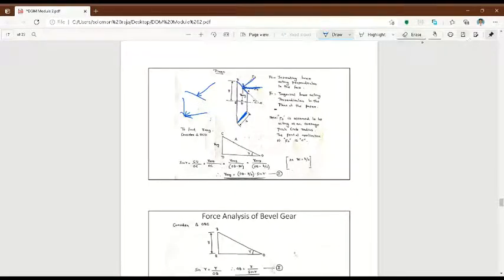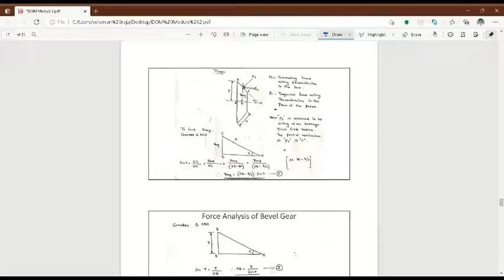Now we have to find where this Fs and Ft are acting.